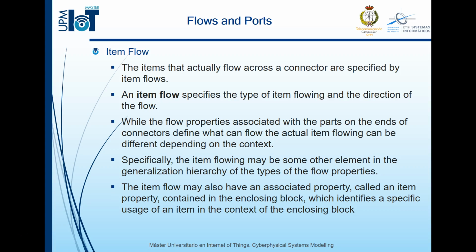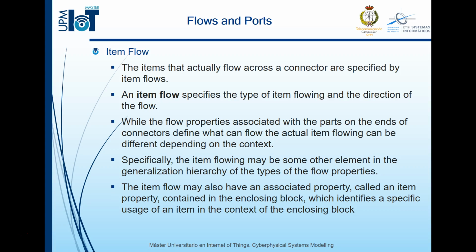Okay, so, item flow. Following the ideas we are handling in this schema with the flow, we have just specified the connector and the rules to make things flow from the pump to the swimming pool. We said water can flow from here to here.